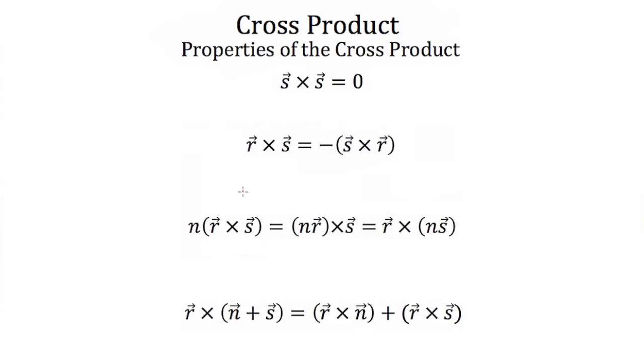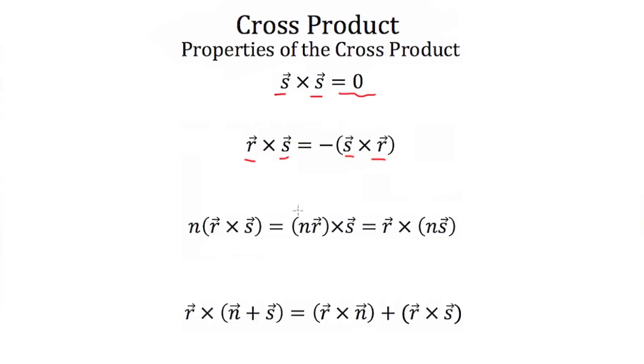Now there are some properties of the cross product that you should be aware of. If you ever cross a vector with itself, say vector s crossed with vector s, that's always equal to 0. Now the order of a cross product is important. If you cross r with s, that's different than crossing s with r.